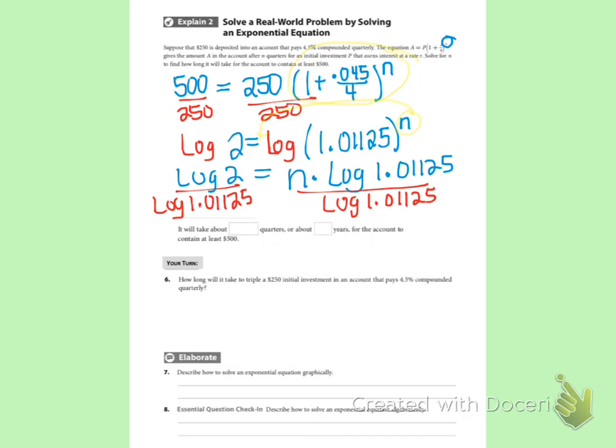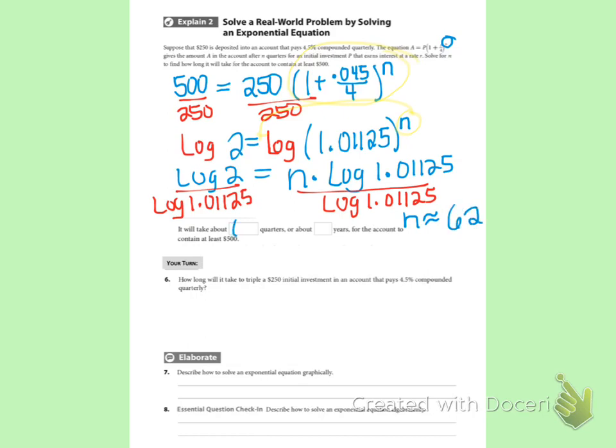So the log of 2 divided by the log of 1.01125 is, so this is what my value of n is, approximately 61.959. So that's about 62 quarters.